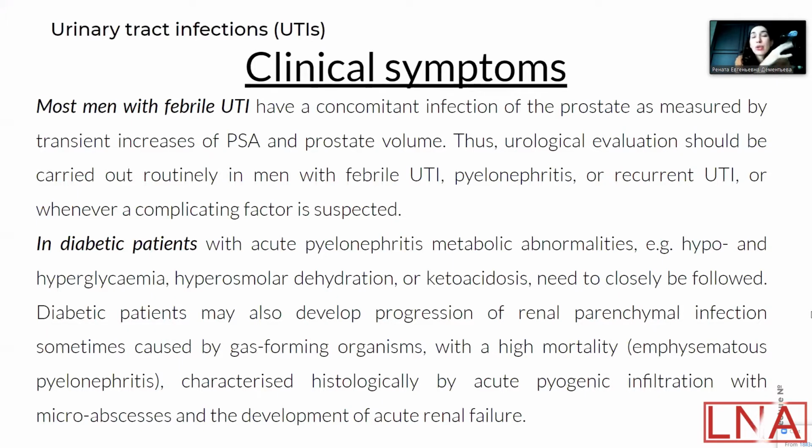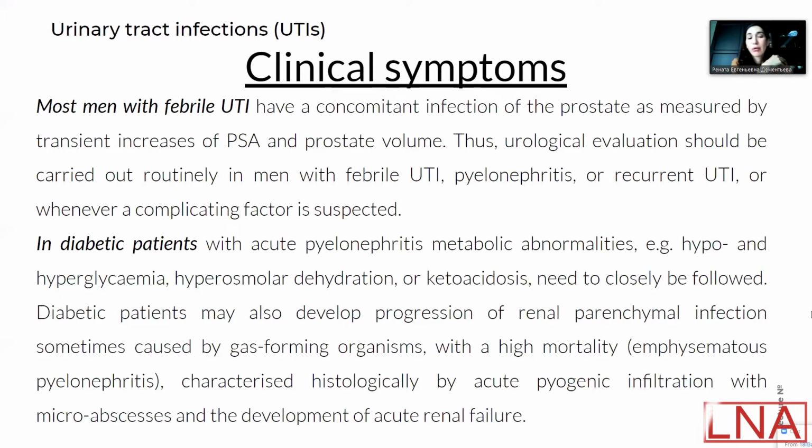In patients with diabetes mellitus with acute pyelonephritis, metabolic abnormalities can be present, including hypo and hyperglycemia, hyperosmolar dehydration, ketoacidosis, and ketoacidotic coma, which need to be closely followed.